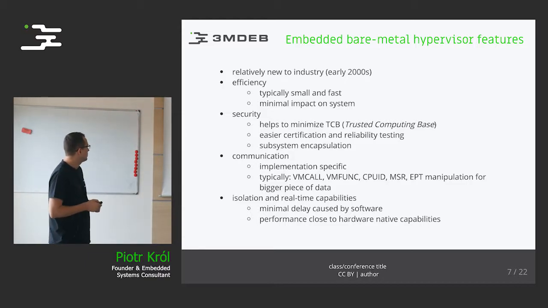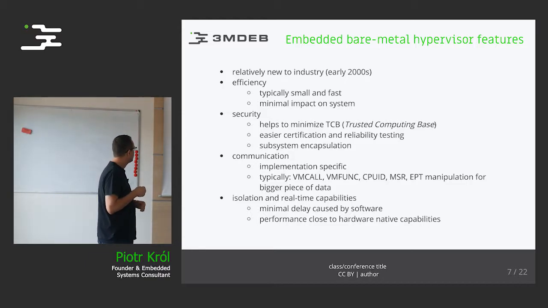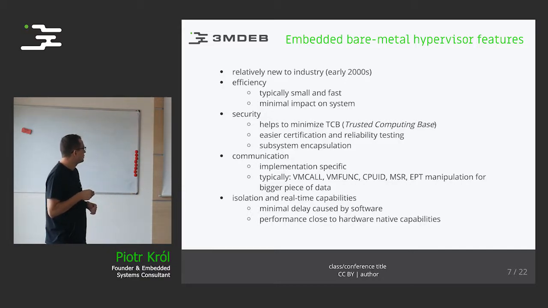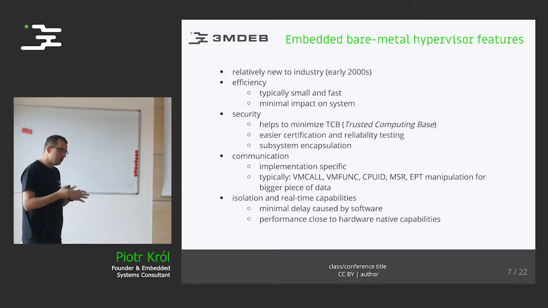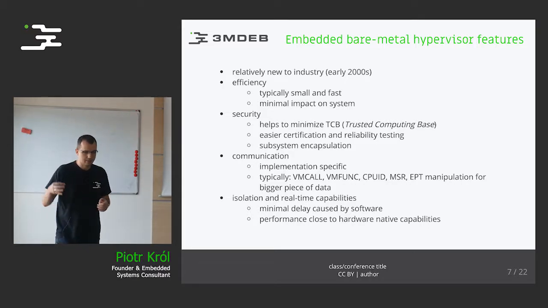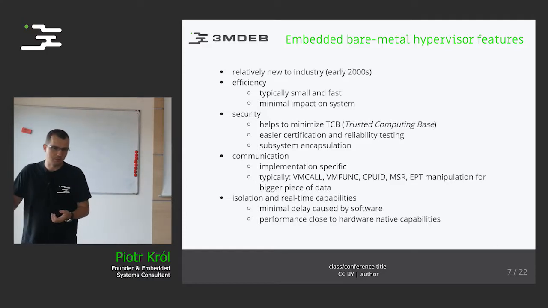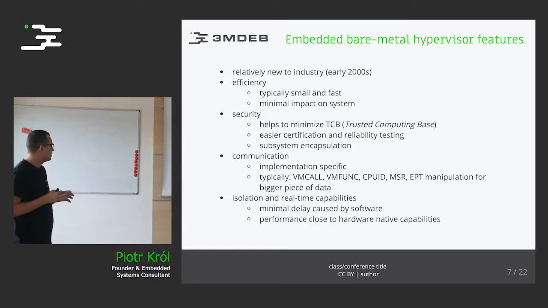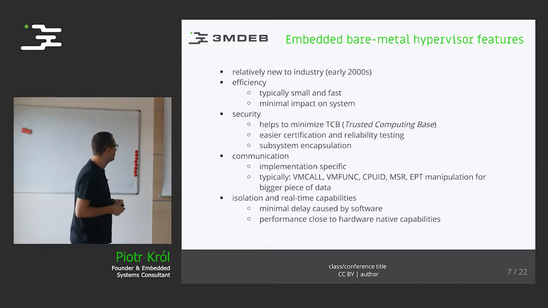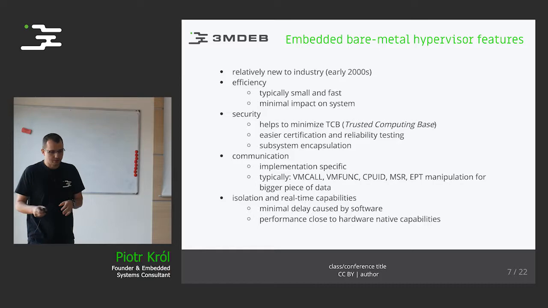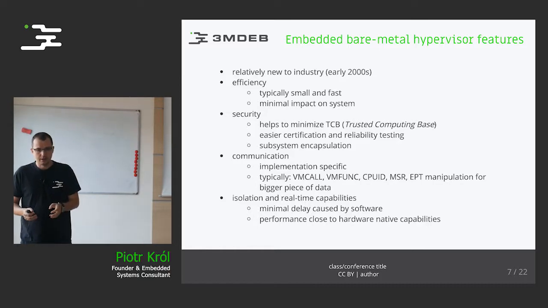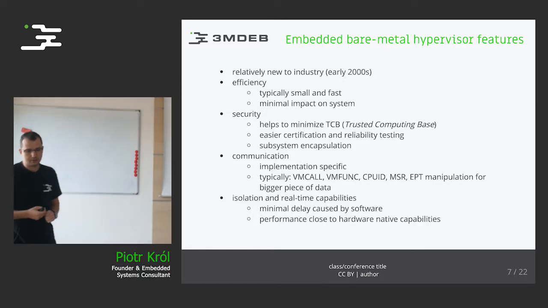Those hypervisors are typically very efficient, small and fast. We cannot say that Xen is exactly small, although it can be trimmed for some use cases, and there is some work, for example for ARM, where they trimmed Xen significantly for automotive use cases. Our hypervisor is relatively small, and I will tell you about that a little bit later.